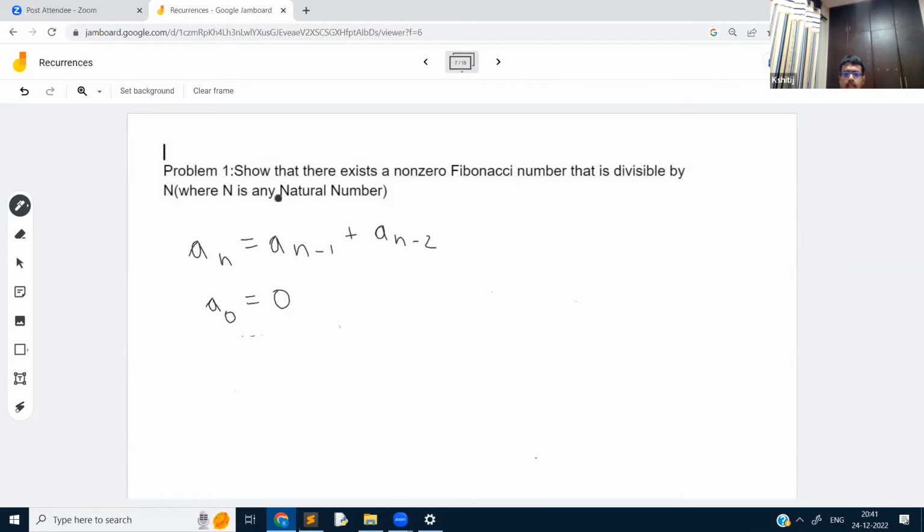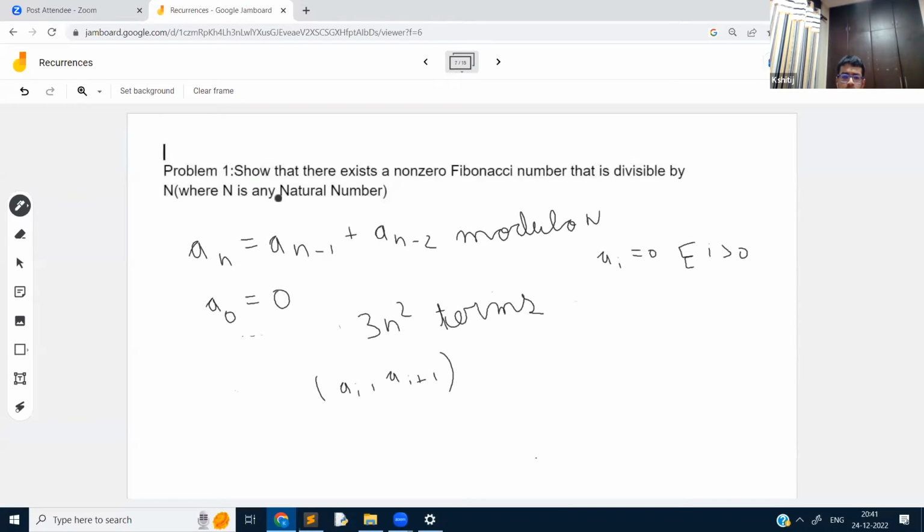So now if you first look at the first 3n² terms, if you look at the pairs (a_i, a_(i+1)), notice that we will define the sequence modulo n, and we have to show that a_i equal to 0 exists, i greater than 0.